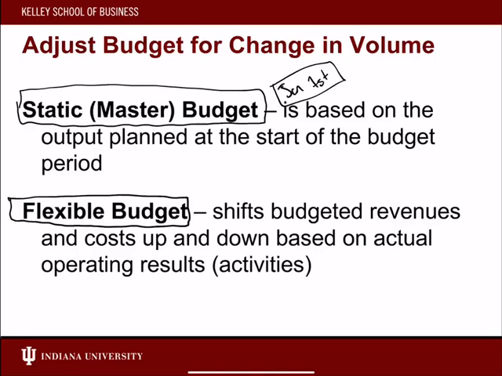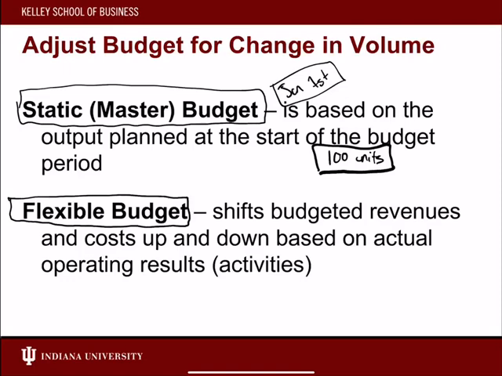It says, had we budgeted for the correct amount of sales in units, what should our budget have looked like? For instance, if your master budget said you were going to sell 100 units, the revenues, expenses, everything is based on 100 units.